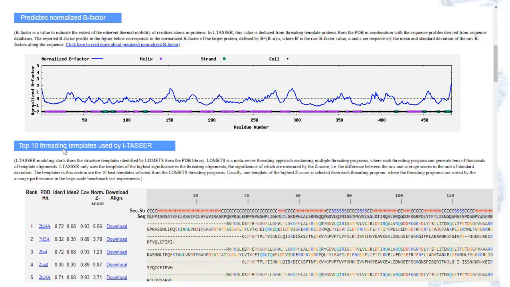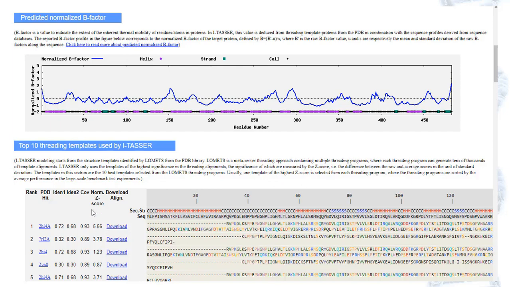Under the heading of top 10 threading templates used by I-TASSER, the templates in this section are the 10 best templates selected from the LOMETS threading program. Usually one template with the highest Z-score is selected from the threading program.